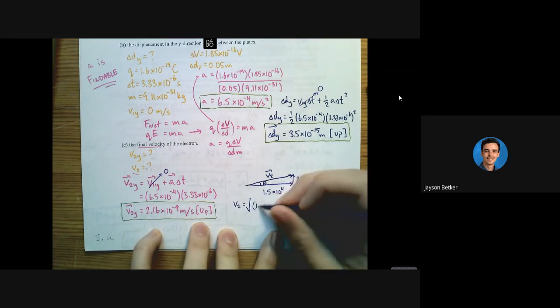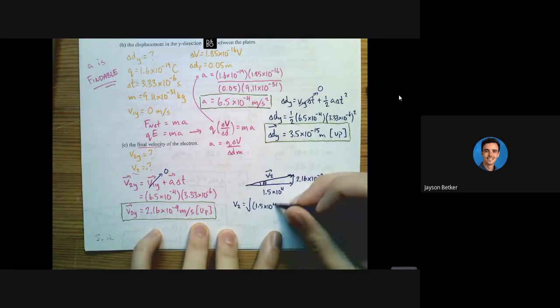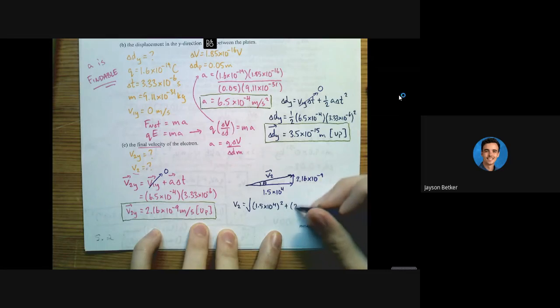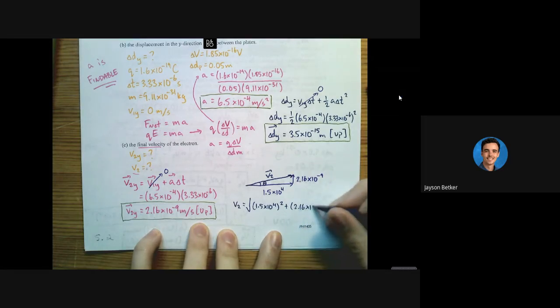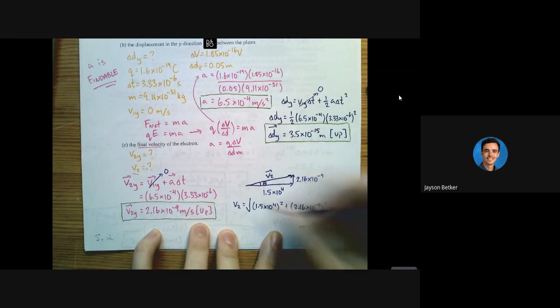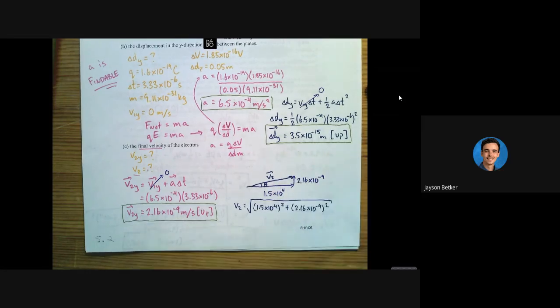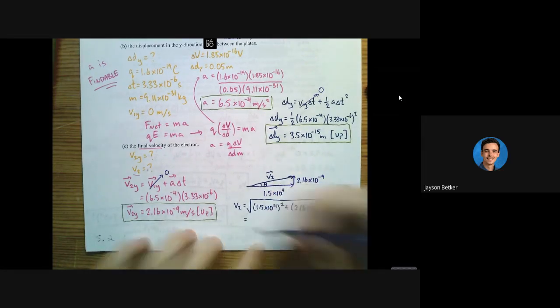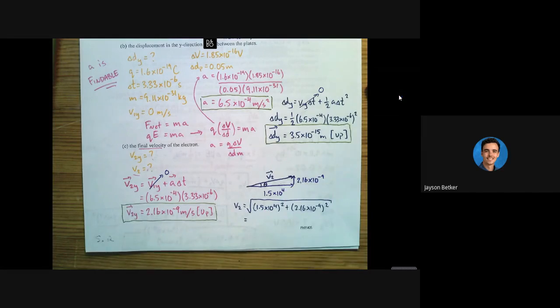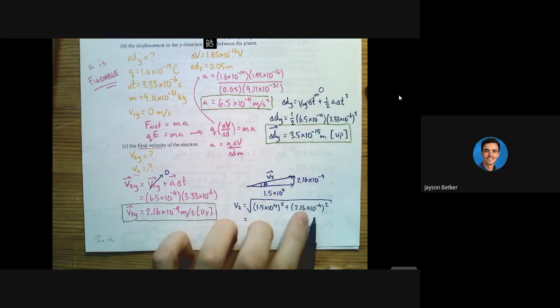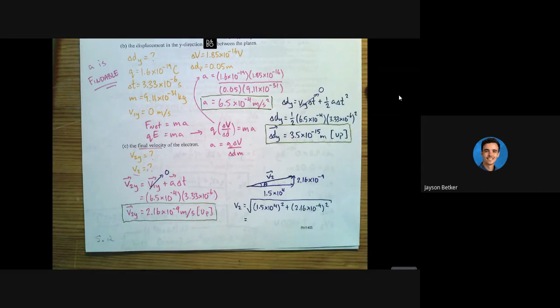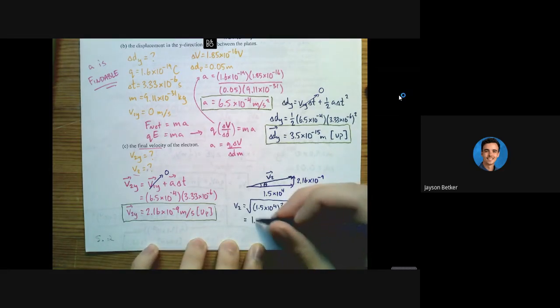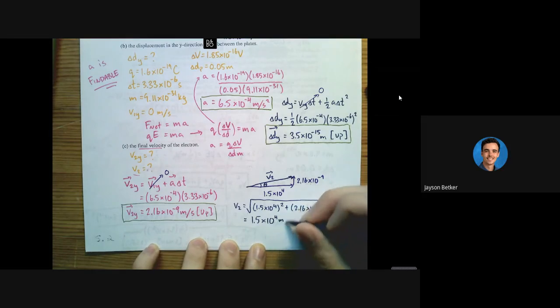So 1.5 times 10 to the 4 squared plus 2.16 times 10 to the negative 9 squared. Plug that into your calculator. You should get, it's such a small number that it's basically insignificant. I don't really like that about this question, but this is the way it is. So 1.5 times 10 to the 4 meters per second.